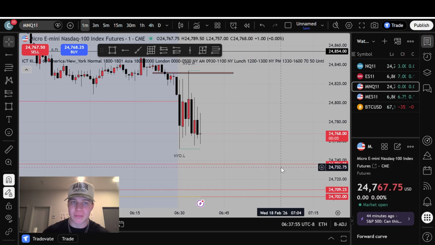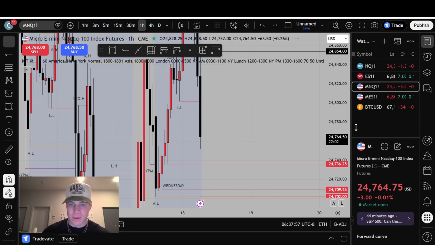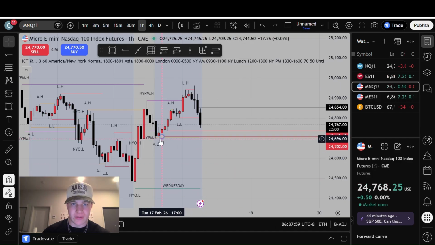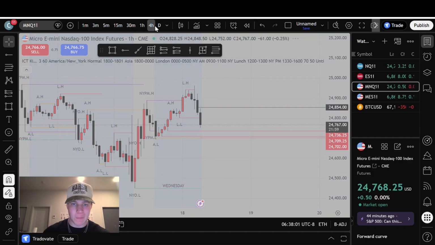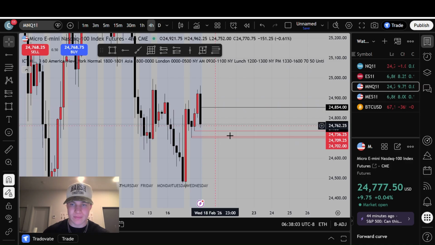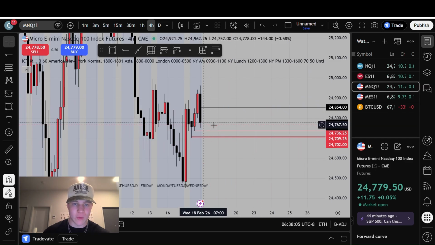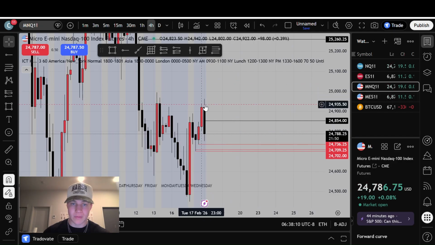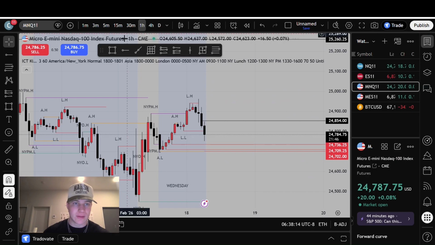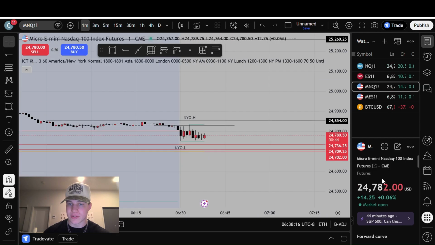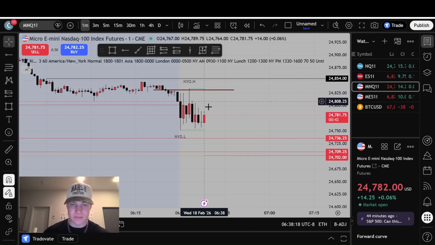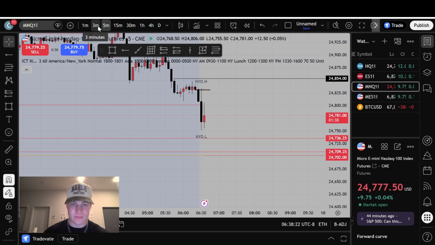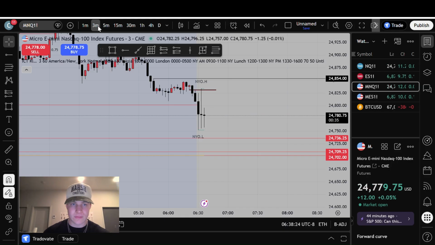Yeah, high time frame bearish SMT, I think, is only valid until these Asian lows. And then the 4 hour is bullish. In which case, I'm bullish after we take Asian lows. But I think we want to take Asian lows first.